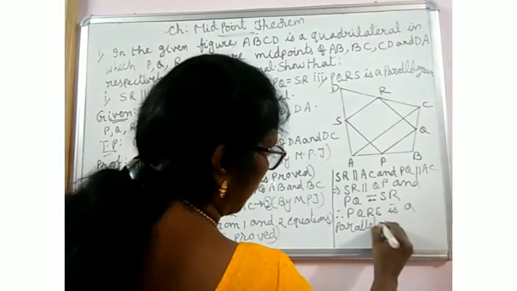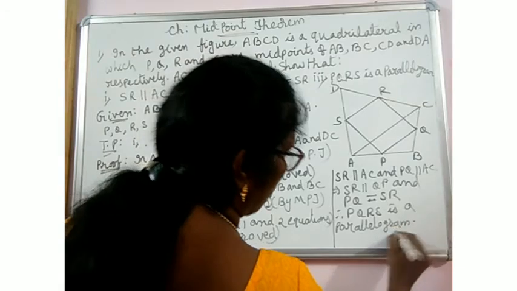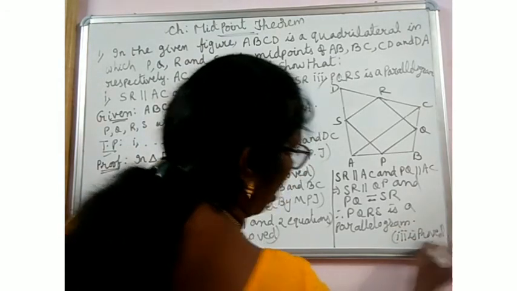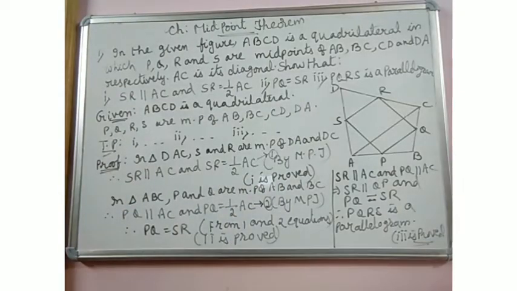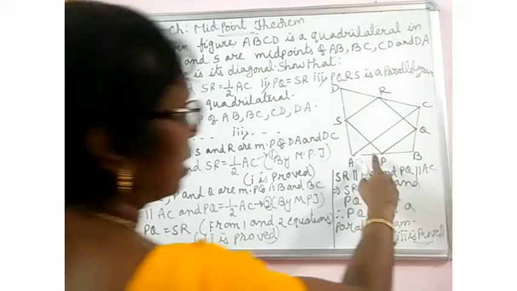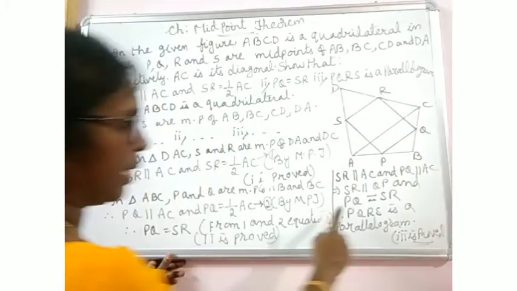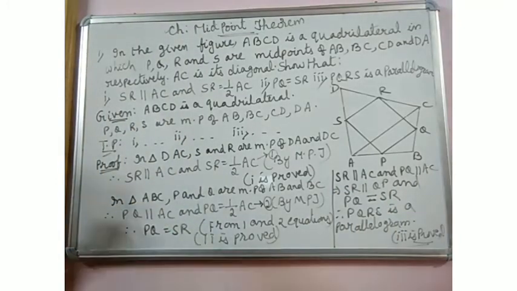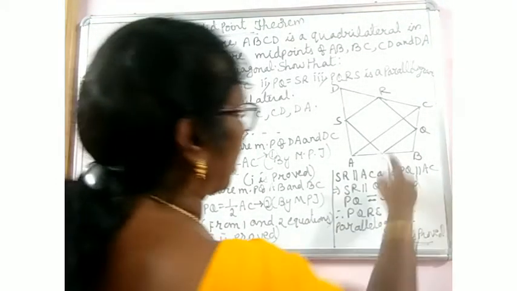Why? Because you know that in a quadrilateral, if one pair of opposite sides are parallel and equal, then that quadrilateral is a parallelogram. You see, in this quadrilateral PQRS, PQ is parallel to RS, and PQ is equal to RS.